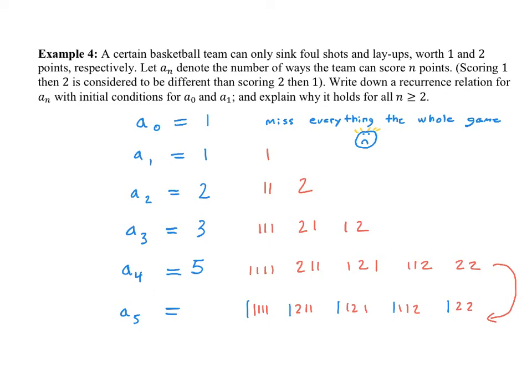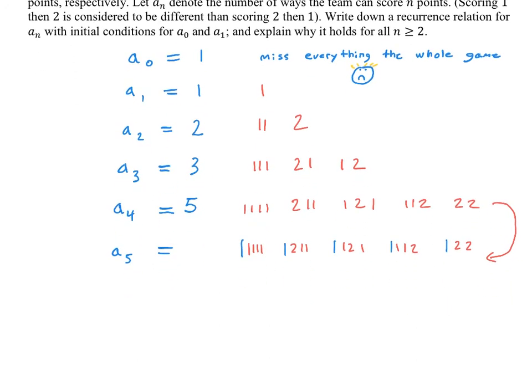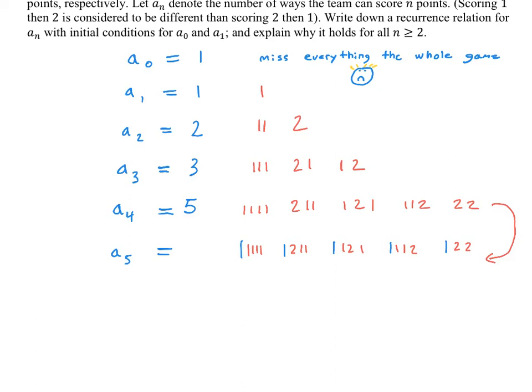The other case that we want to look at is, what if our game starts with a 2? So if we start with a 2, then all of the different ways of finishing off this game are actually written above. If we take these possibilities and we pull them down here and we copy them, well, there's 3 of those possibilities. So let's just copy them all with a 2 in front. So 2 and then 3 1s, 2 and then a 2 1, and a 2 and then a 1 2.